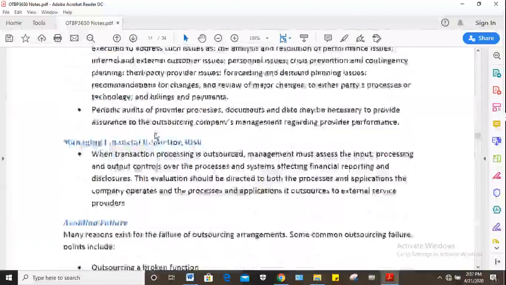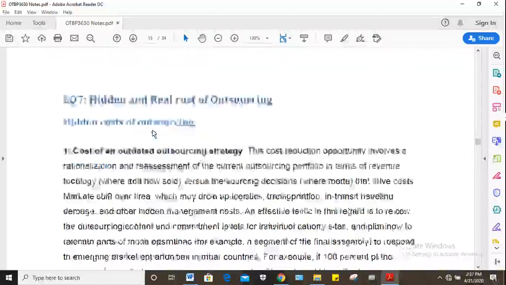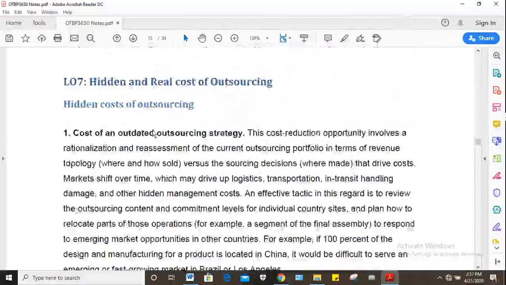Then in learning outcome 7, we looked at the hidden and real costs of outsourcing. This was also in this assignment and also in the exam, and many of you did well, so I wouldn't repeat all of it.